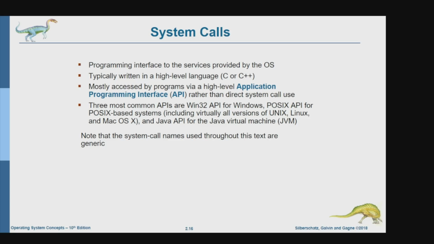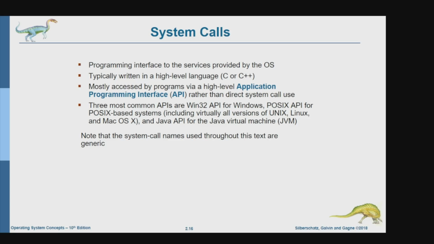The three most common APIs for operating systems are the Win32 API for the Windows operating system, and the POSIX API for POSIX-based systems.